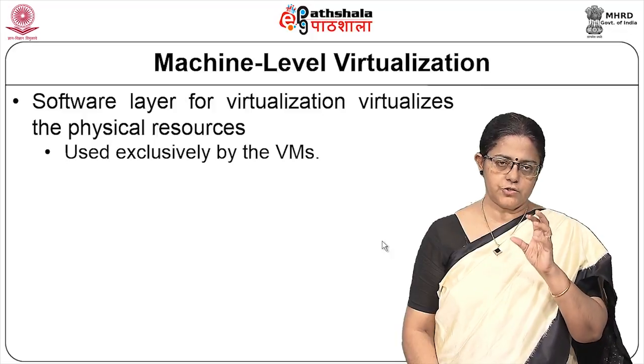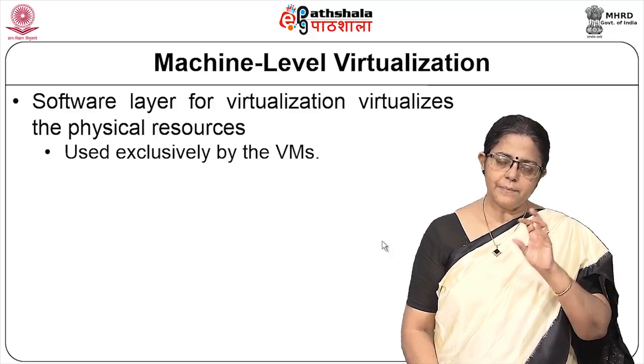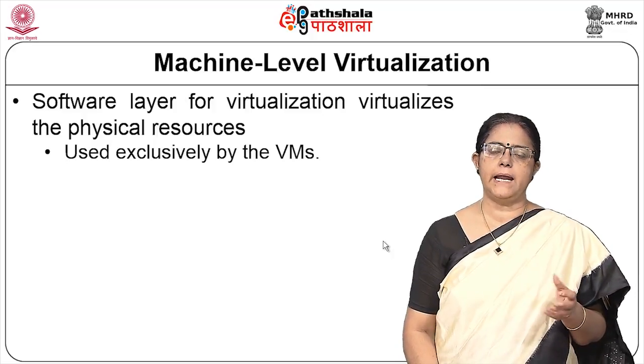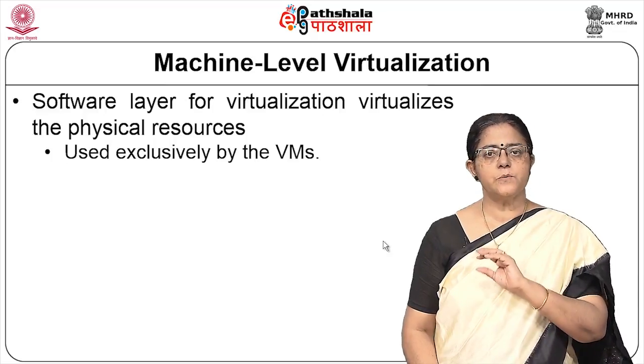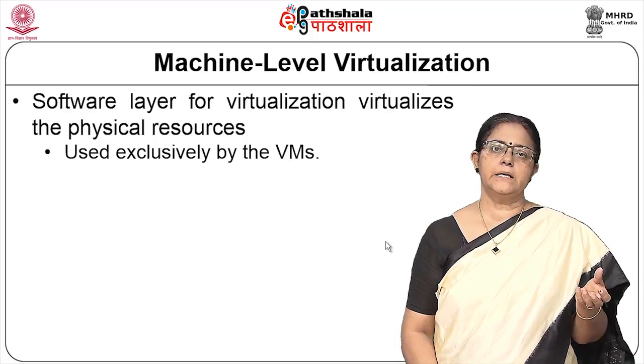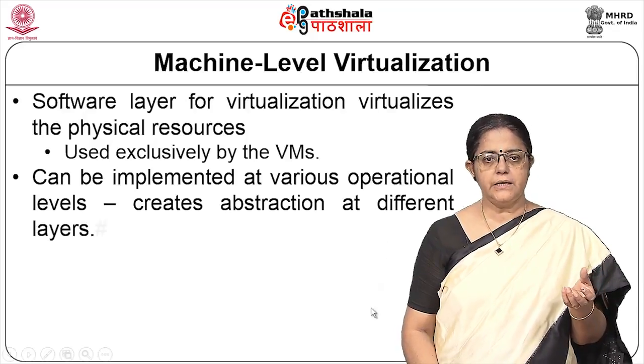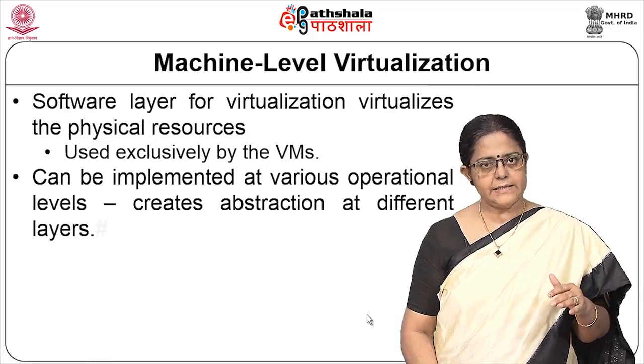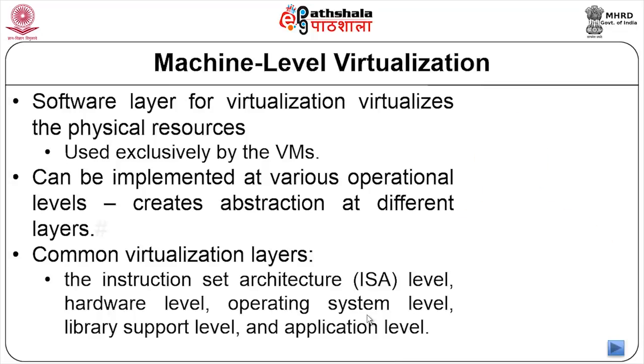The virtualization layer can separate out small portions of the hardware, and this small portion will be exclusively used by a virtual machine. It can be implemented at various levels in the machine. For example, we can do it at the instruction set architecture or ISA level, we can do it at the HAL level, we can do it at the OS level, and so on.